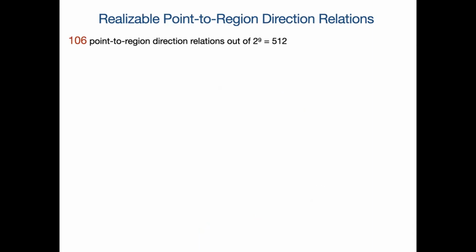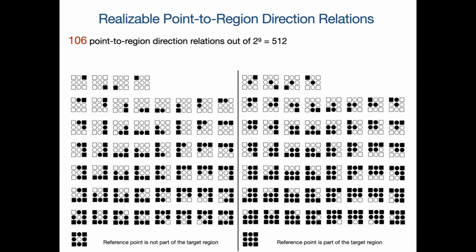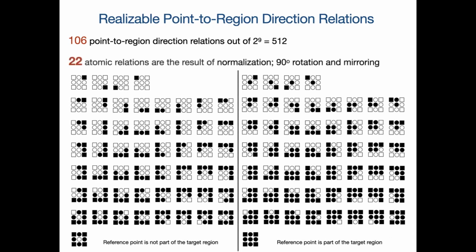From the 512, these 106 unique elements are available through the exterior of the space. There are 3 consistency constraints that define these 106 elements.